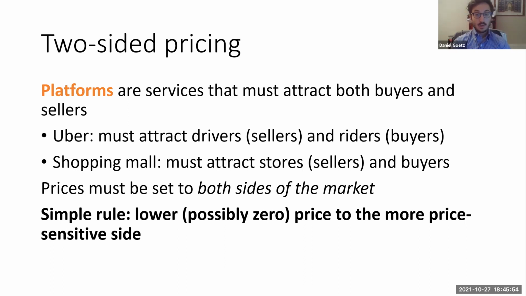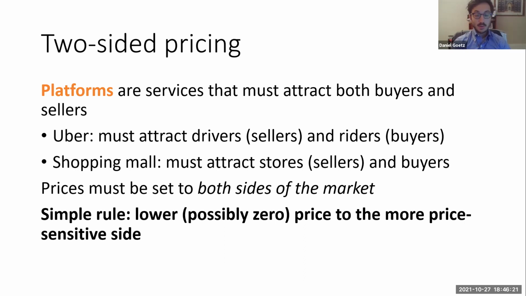People are a little more sensitive than stores in that case. With Uber, it's a little bit tricky because Uber takes its cut when you pay the driver, right? And it's not clear who they are taking it from. Are they taking it from you by increasing the price that you pay, or are they taking it from the driver by reducing the price that they get paid?